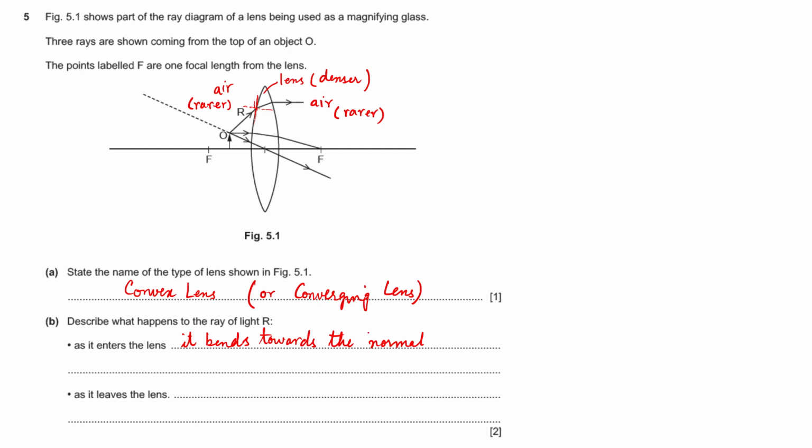Similarly, bends towards the normal as it is entering from rarer to denser medium. You can also write the speed of light decreases.